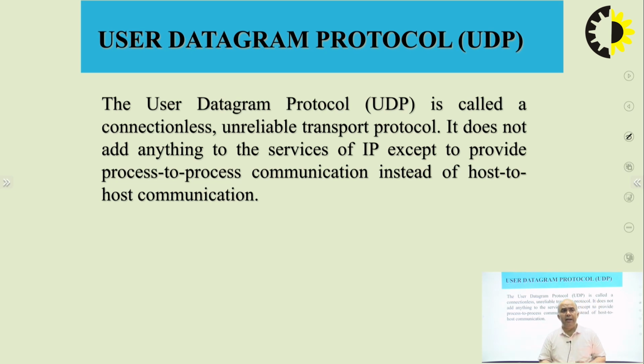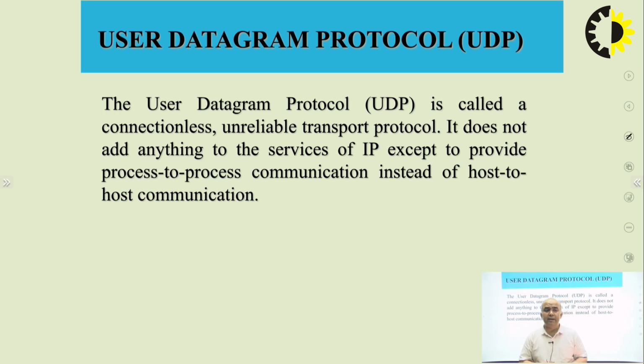In UDP, we have process to process communication instead of host to host communication. Host to host communication generally happens at the network layer. As we are discussing the transport layer protocol, we say it is process to process communication.